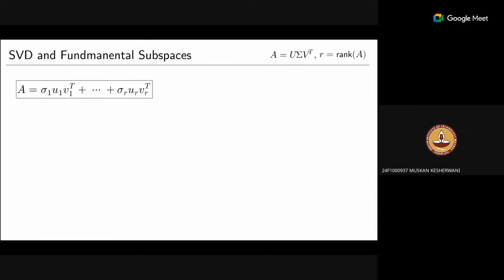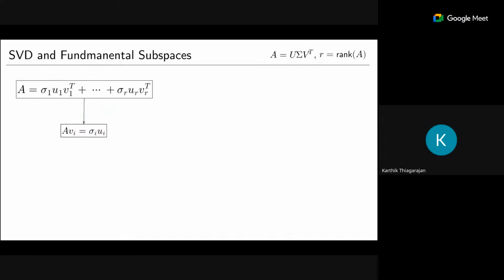V1 transpose V1 becomes the identity, and we are left with sigma 1 u1. Is this clear to you all? So what I've written here is A v_i equals sigma_i u_i.